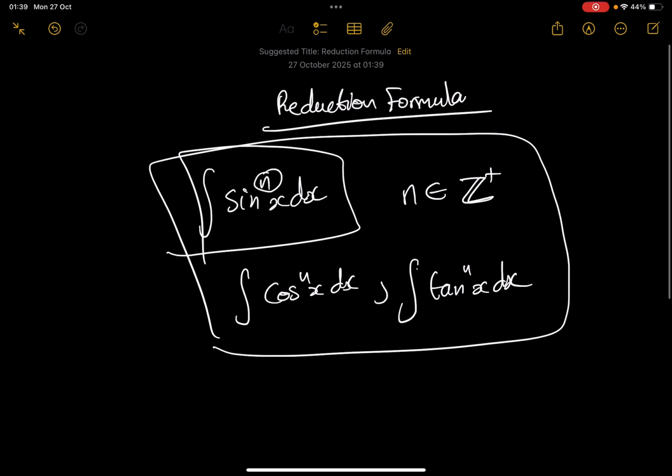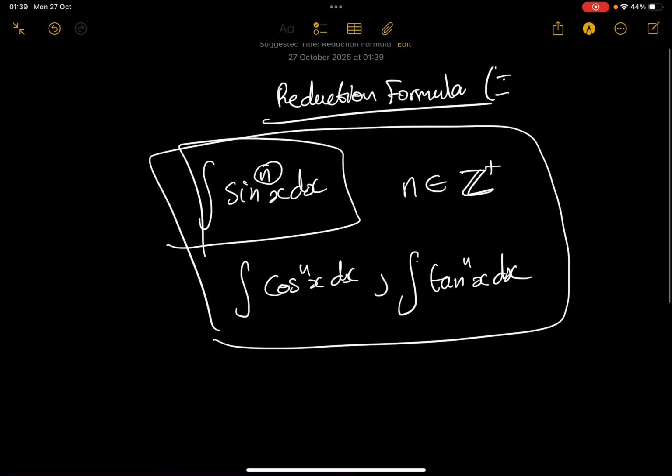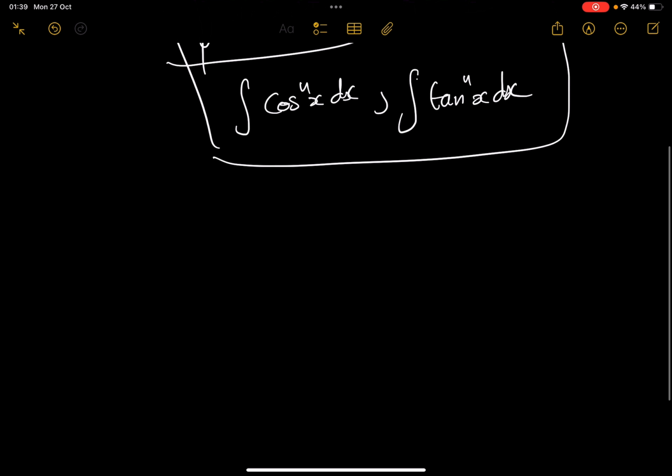First of all, we are going to look at the indefinite integral, and also the definite integral, where we'll be evaluating from 0 to pi over 2 of sine^n x dx.